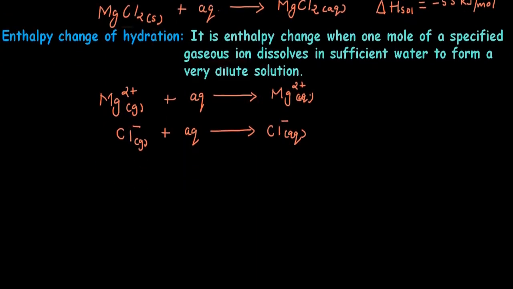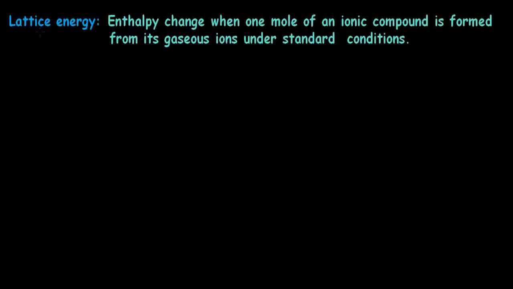Let's revise one more definition here. Lattice energy. What is lattice energy? We have already seen what lattice energy is in our earlier videos, but let's repeat it once again. It's an enthalpy change when 1 mole of an ionic compound is formed from its gaseous ions under standard conditions.